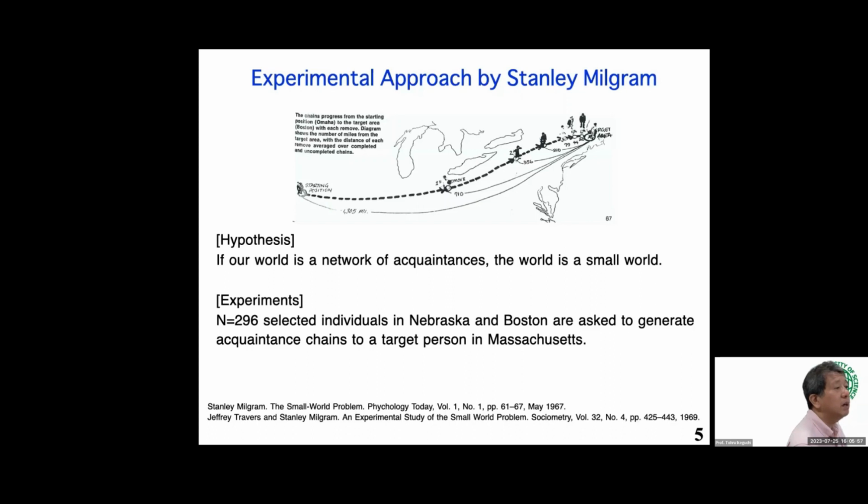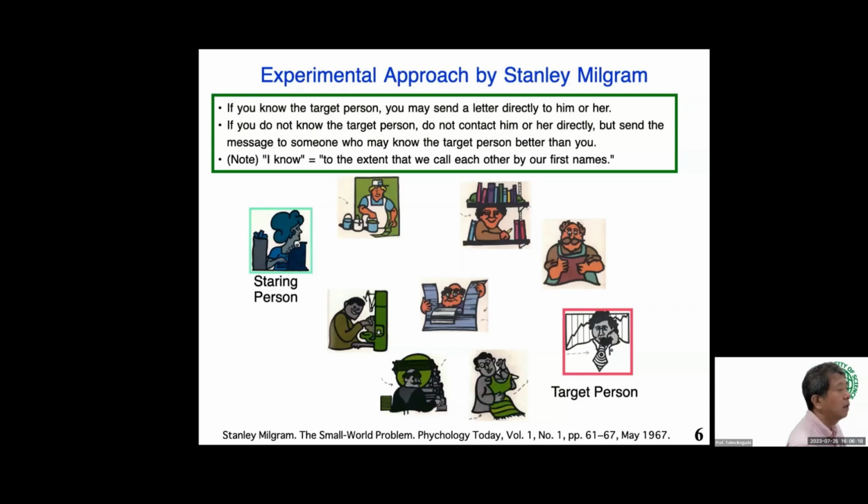In Milgram's experiment, a total of 296 arbitrary individuals were selected in Nebraska and Boston, and they were asked to generate an acquaintance chain to a target person in Massachusetts. Here is an overview of Milgram's experiment. First, a starting person and the target person are selected.